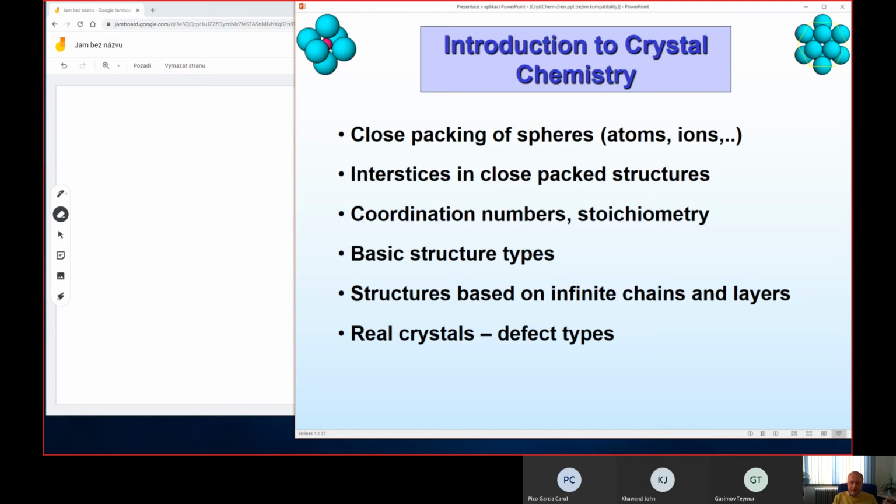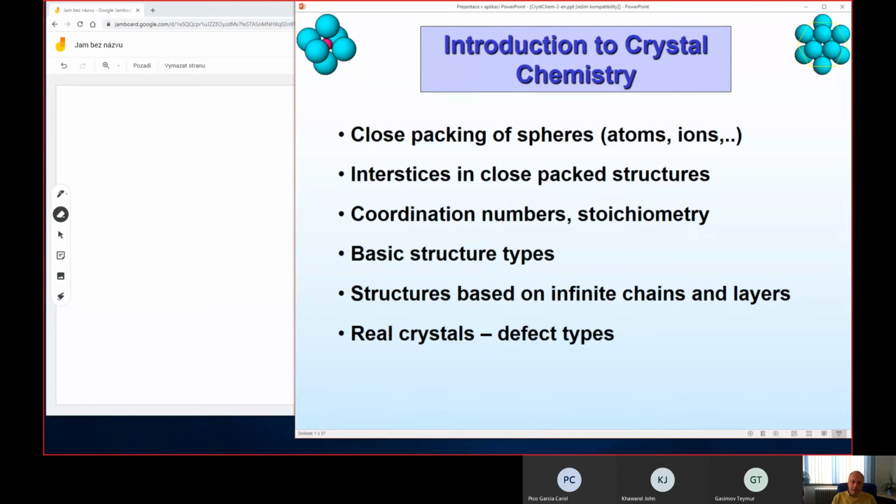But as we'll see later, the crystal structure types of more or less covalent or polar structures or crystals can be derived based on this close packing scheme, although the structures are more open and the bonding is more directional. That means the coordination numbers are decreased to, let's say, 4 or sometimes even lower coordination numbers.